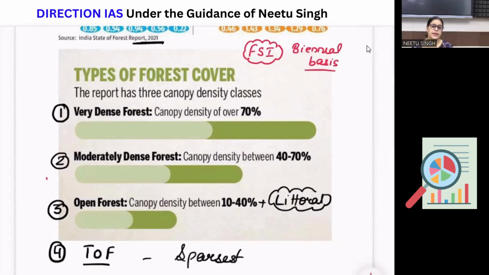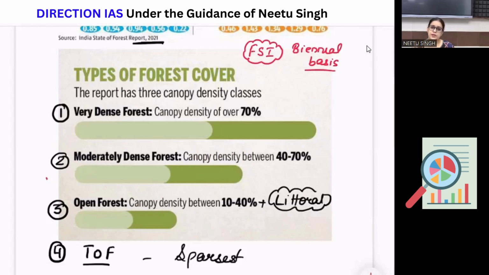Forest data updation in the country comes in the time gap of 2 years. Wildlife census comes in time gap of 5 years. And human census comes up in the time gap of 10 years. एक ये general frequency है हमारे country में.